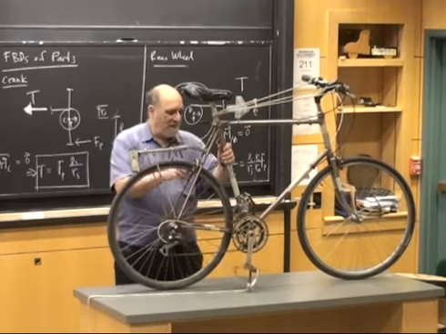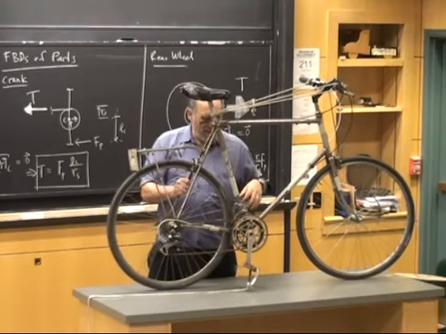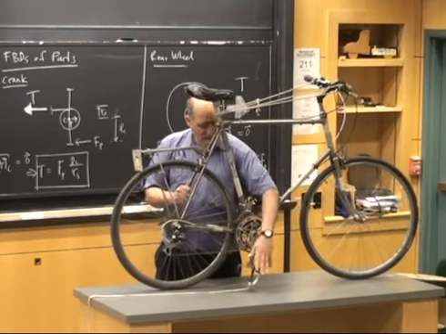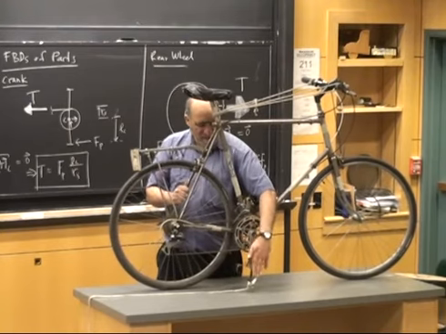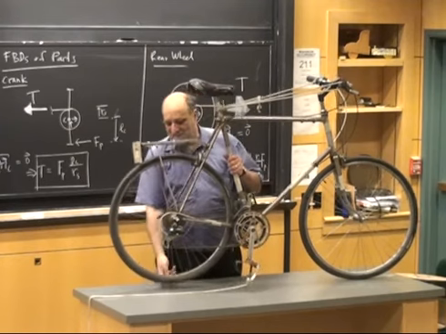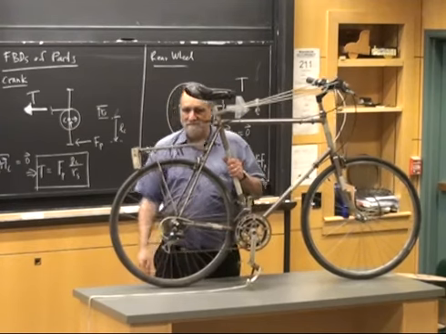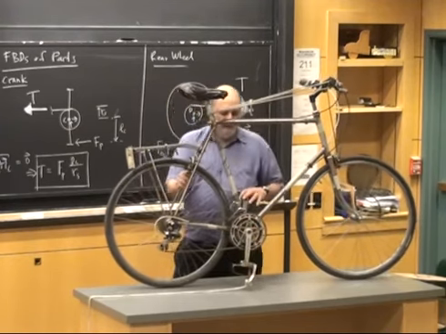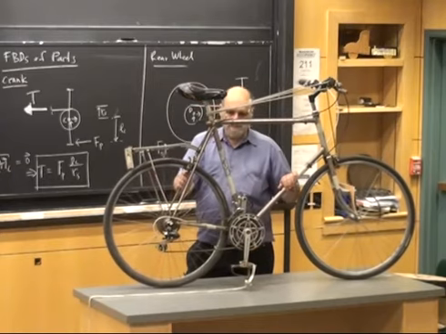That whole quantity, by the way, is the ratio of this velocity relative to the frame to this velocity relative to the frame. And that's what you're talking about, whether the whole thing is gearing up or gearing down.